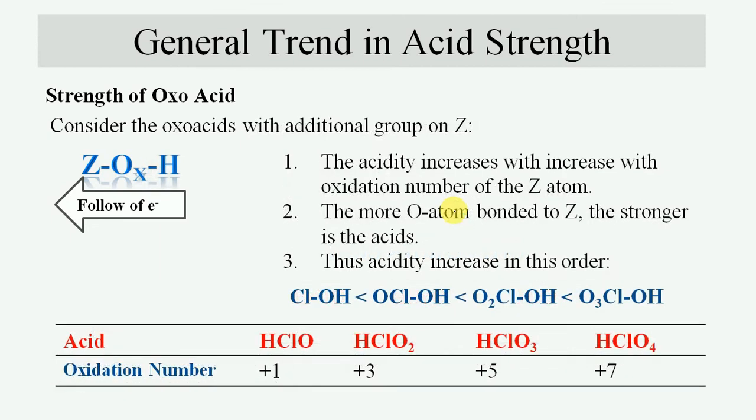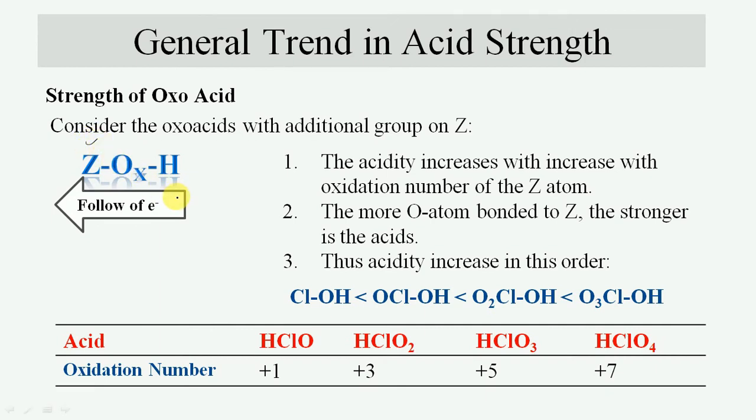Similarly, the presence of additional groups on Z, such as oxygen, increases the acidity. In these compounds, the acidity increases with increase in the oxidation number of the Z atom.